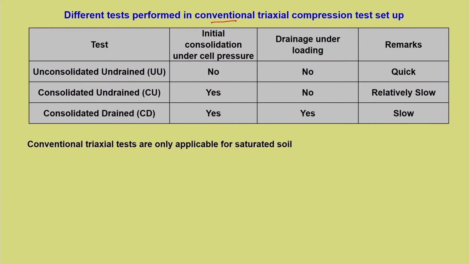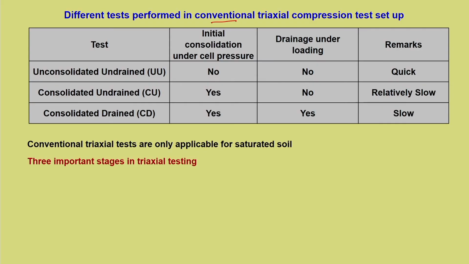Conventional triaxial tests are only applicable for saturated soil. This aspect one needs to understand very carefully. Some undergraduate students do not appreciate this fact properly, but the conventional triaxial test is only applicable for saturated soil alone.